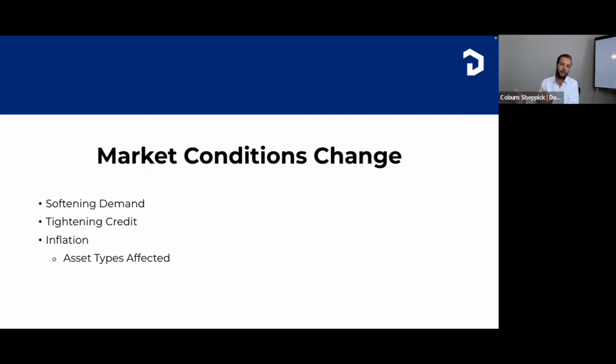But that case is affected differently by market conditions because the tenant would be responsible for the inflated costs. Depending on the asset, if it's not a triple net lease, it could look much different. But the point is that different asset types are going to be affected differently by whatever market conditions are changing.